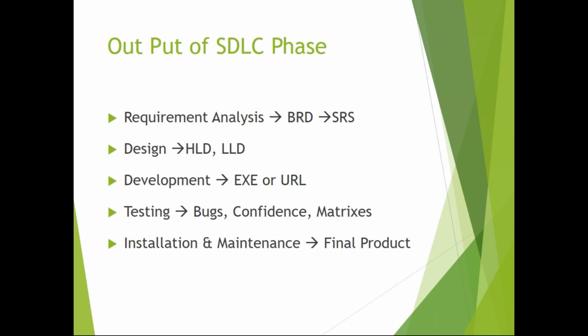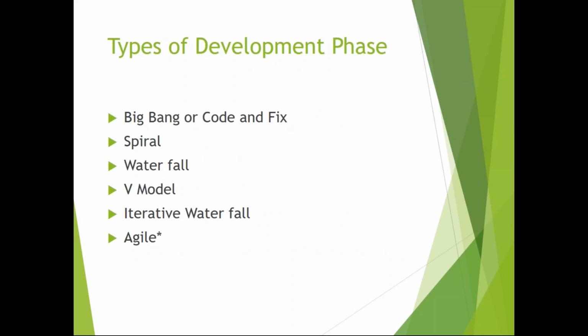Then the output of test cases is the bug matrices. Finally, they install that application on the client side. After that, there is a maintenance phase where a bug that occurs during the license period, or the 1 year, gets fixed. So these are the development phases under which the software application is developed.